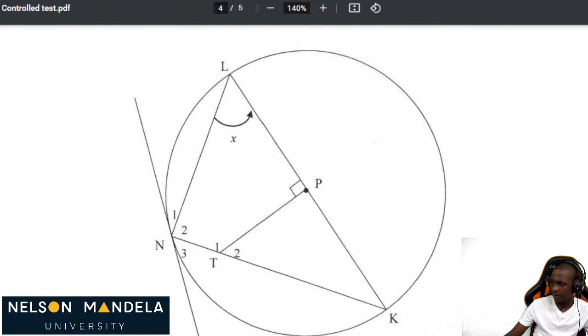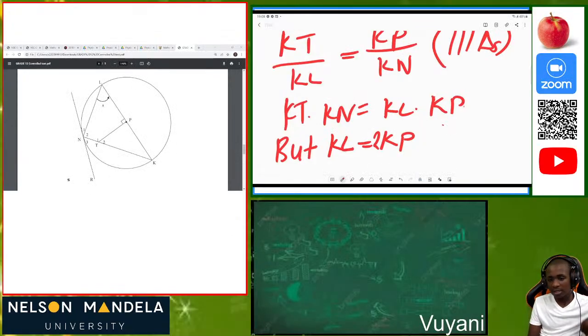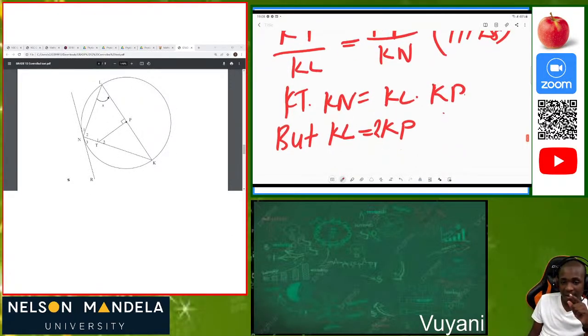It's KL is equal to 2KP. I hope everyone can agree with me on that, because KP and LP are equivalent to each other, since TP is perpendicular to KL. So please forgive me for that. KL is equal to 2KP.